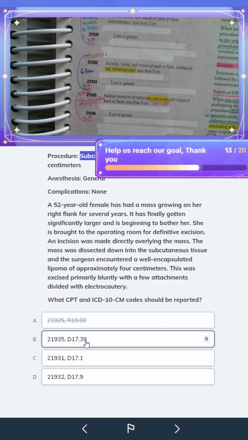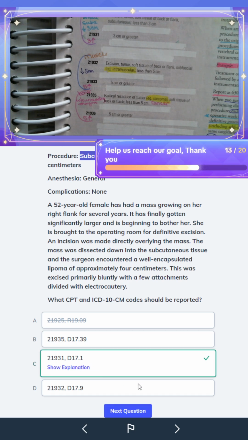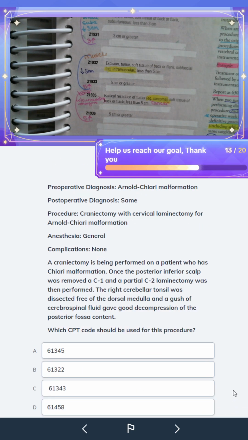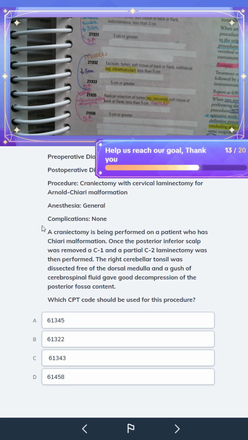Y'all see bone there? Yes, it is C, because we were just subcutaneous. We stayed in the subcutaneous area. Perfect. Good job.